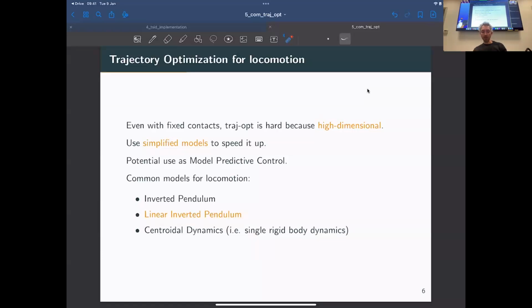But the downside is that this is non-linear, whereas this one is linear. So for the rest of today, we're going to focus on this one, which is linear, and it allows us to do trajectory optimization very fast and very simply.